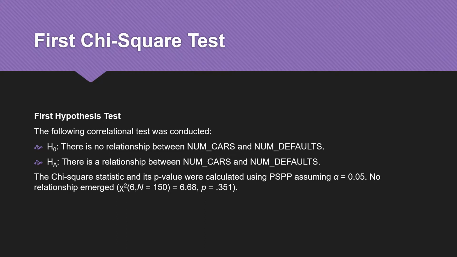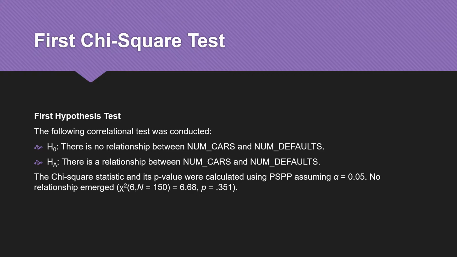Our null hypothesis is there is no relationship between num_cars and num_defaults, and our alternative hypothesis is there is a relationship between num_cars and num_defaults.